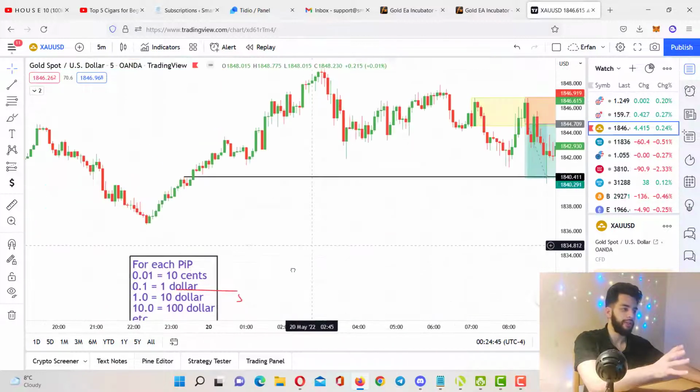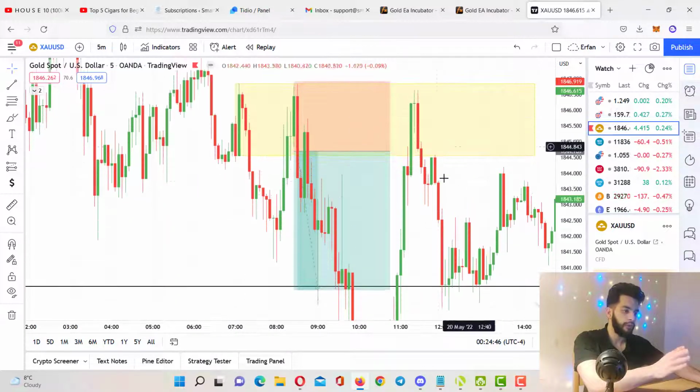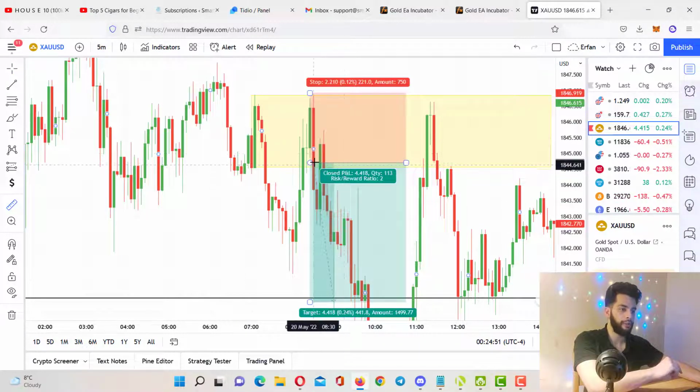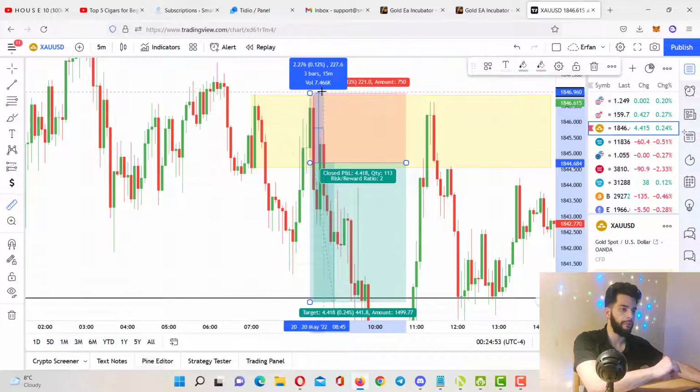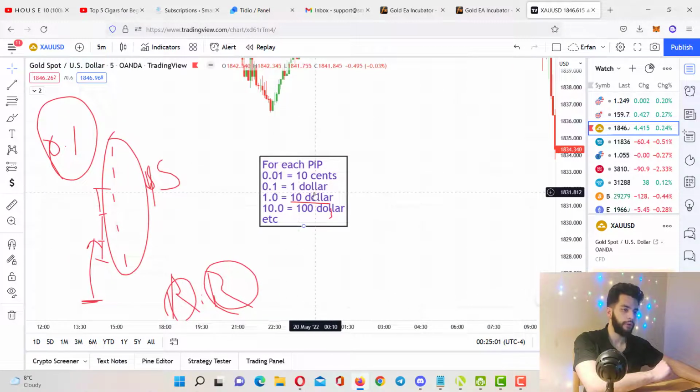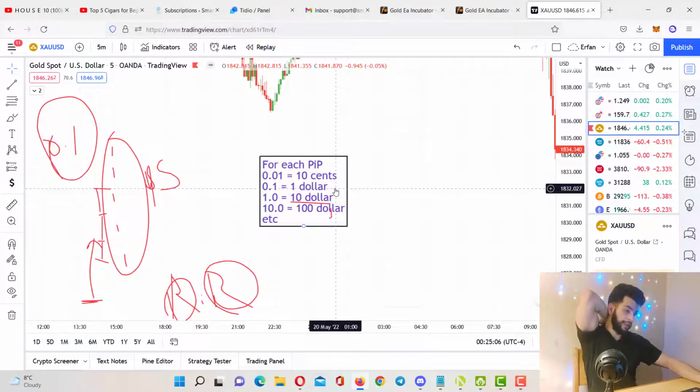You just come here, you say, okay, I want to enter a position here, I'm going to use my measure tool, and I'm going to take it from the entry point to the stop loss to see, okay, so it's 224 pips. So 224 pips, what's my lot size? Here 0.1.